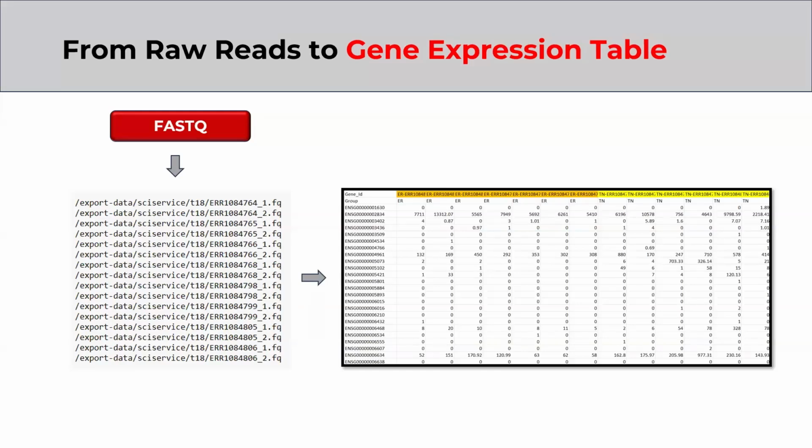Now, what do I mean by generating a gene expression table from the raw reads? This specific step is called pre-processing of reads into a gene expression table, and it is crucial for removing the noise, biases and artifacts, which ensures accurate downstream analysis.